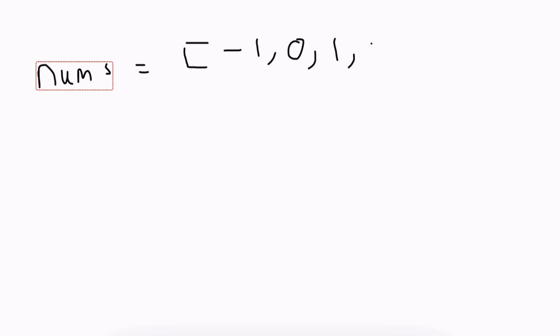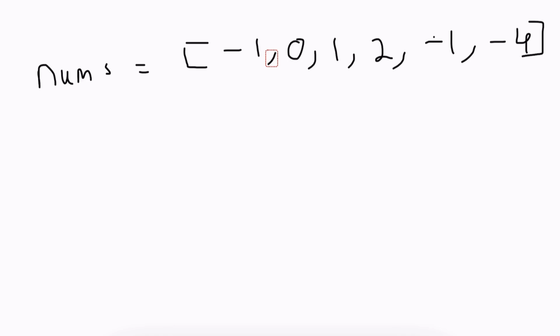So let's say that I have nums, which is an array of -1, 0, 1, 2, -1, and -4. The first thing I want to do is sort this array. Why, you might ask? Because I want to go with a two-pointer approach for this problem.